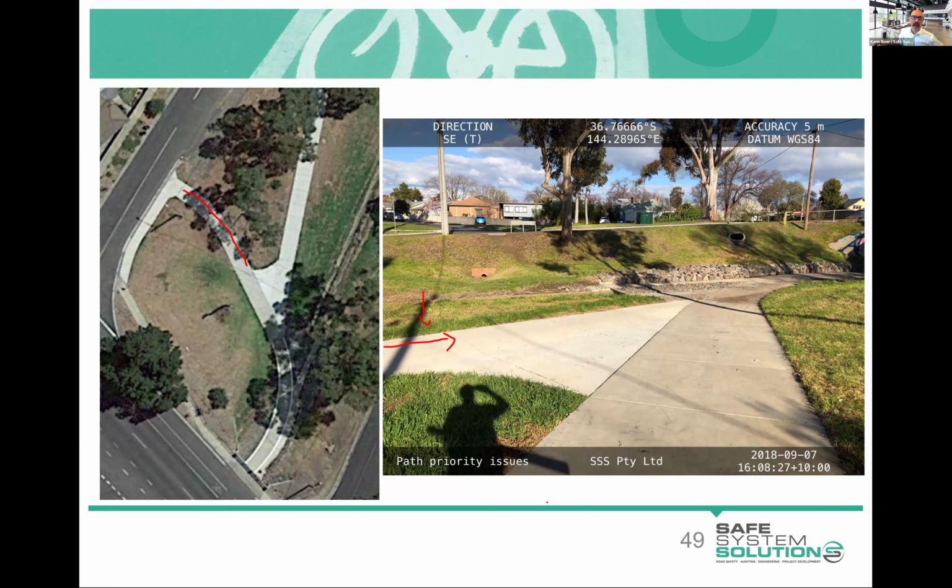So that's something you'd pick up as part of a shared path audit and try to get some clarity. That doesn't need to be expensive clarity on this one. You could almost do that with a little bit of line marking, couldn't you? And maybe a bit of a sign here or something. Give way could even go here, or even just a little bit of that, just so it clears it up.